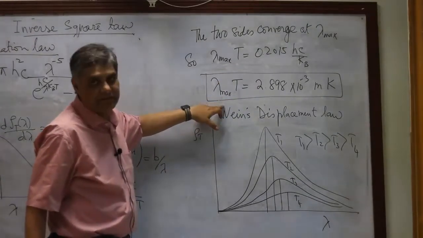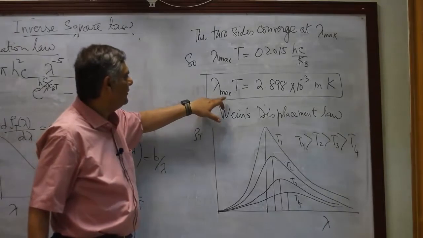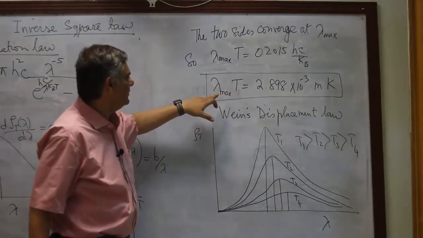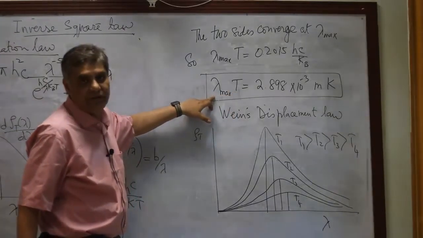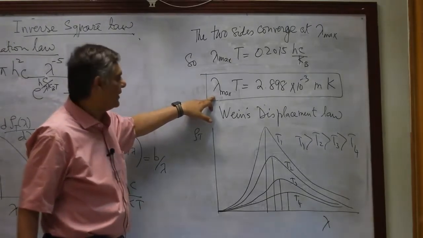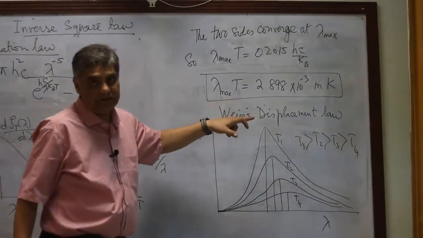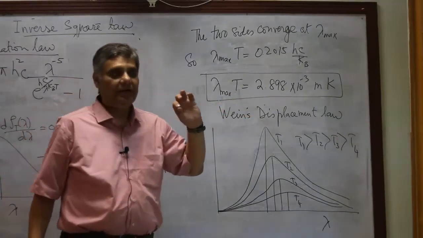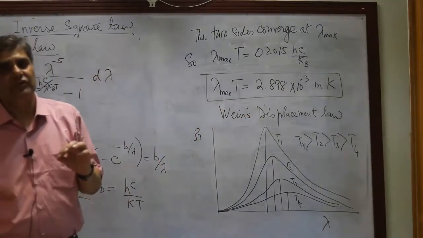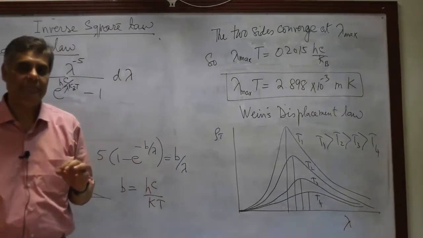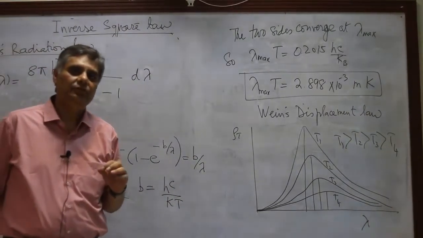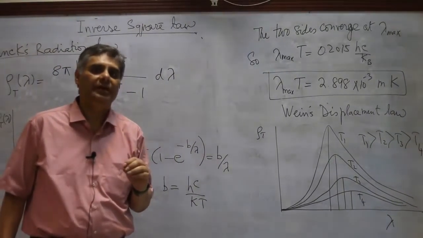This is Wien's displacement law, which relates the temperature with the peak of the radiation spectra. So you can use this one to determine the temperature of the radiating body. When you do the experiment, we are using a tungsten halogen lamp. The peak of the tungsten halogen lamp is in the infrared.